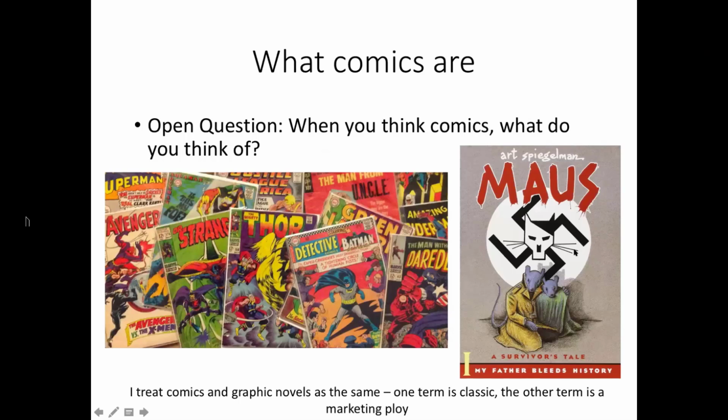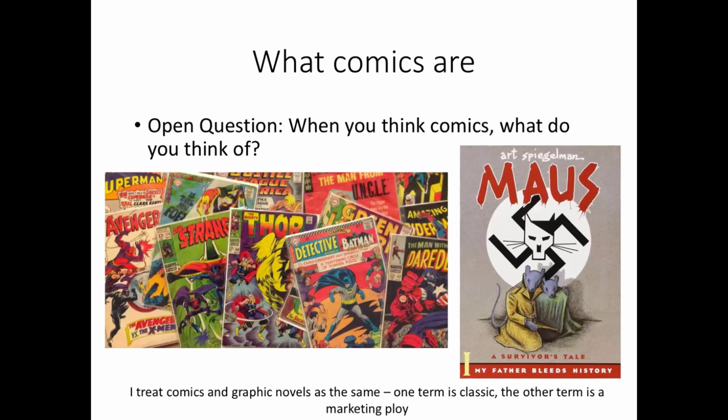But comics also include some fairly heavy topics like Art Spiegelman's Maus, and Blue Is the Warmest Color. So those are equally considered comics. People tend to draw this distinction between comics and graphic novels, but in reality, comics are really any set of sequential images. Traditionally, people would refer to comics as things like superhero comics, and then starting in the 80s and 90s, the term graphic novel was introduced.